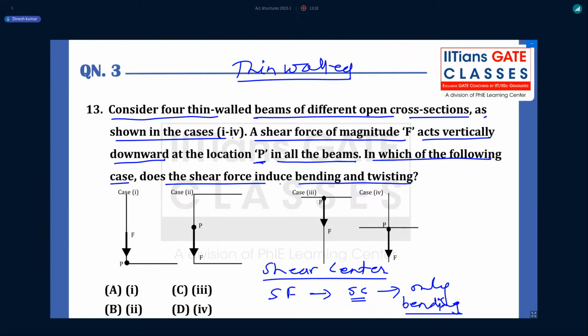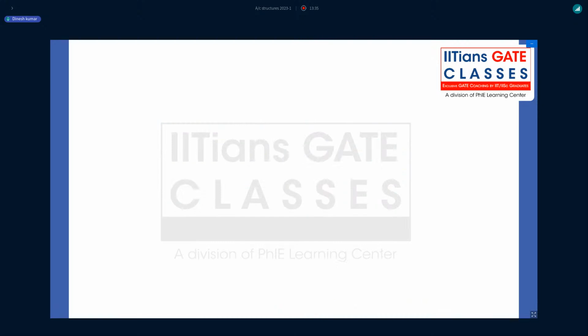Now, if there is a cross-section with any common junction, that common junction is the shear center for that cross-section. Correct, guys? Yes or no?